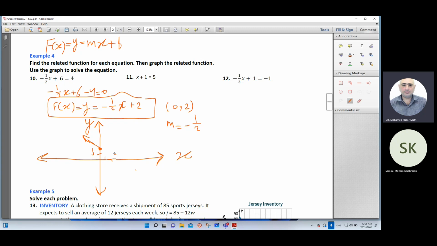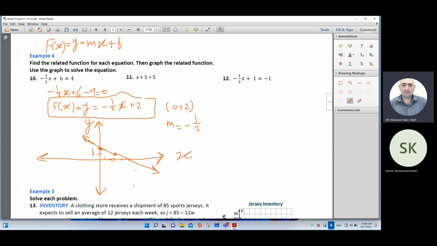The second point will be here. This is 2. Then connect the 2 points. This is the linear graph.